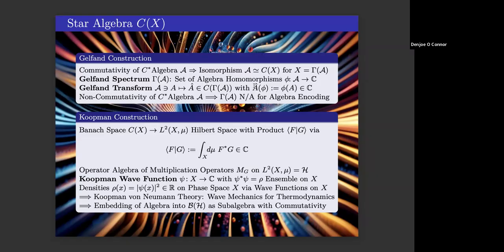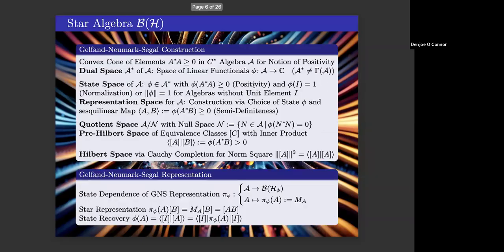So you basically get the wave mechanics for thermodynamics, or let's better say StatMech, where you have distributions over phase space, and you can still, in the classical setting, put this in this Hilbert space picture, because you're embedding this multiplication operator algebra into B of H as a commutative subalgebra.